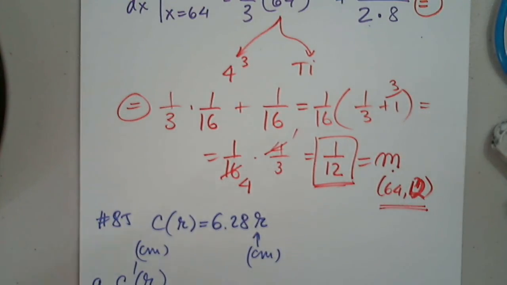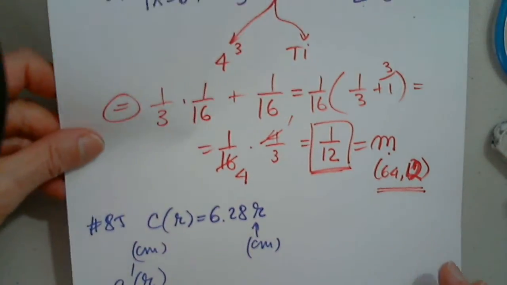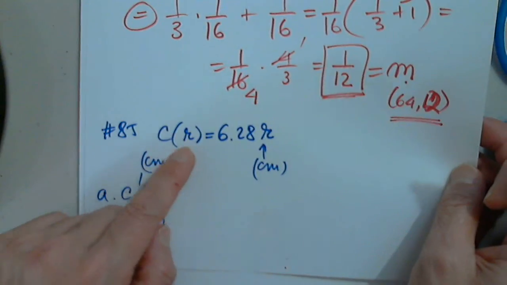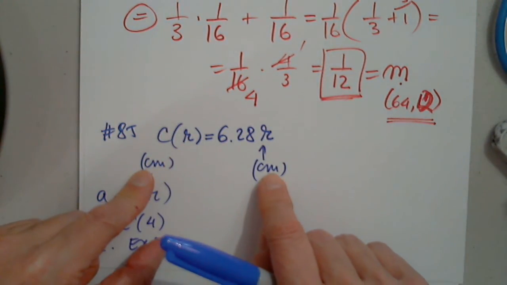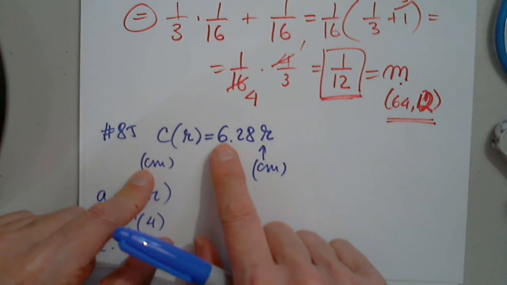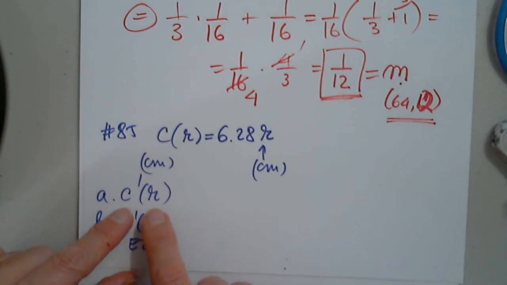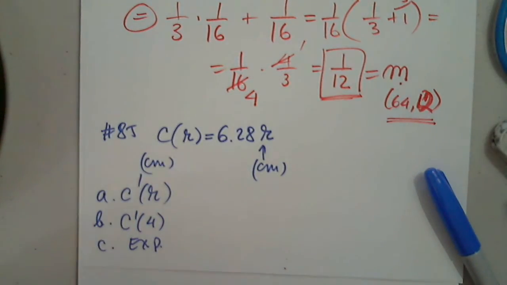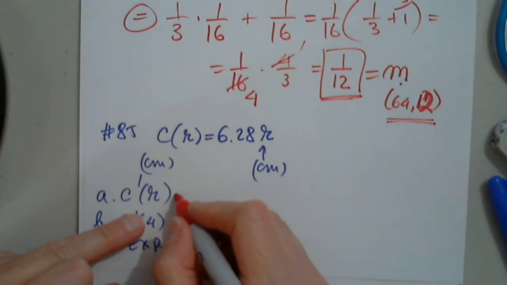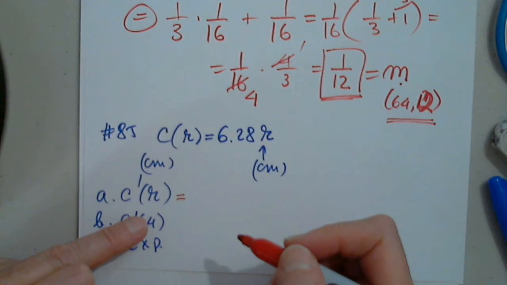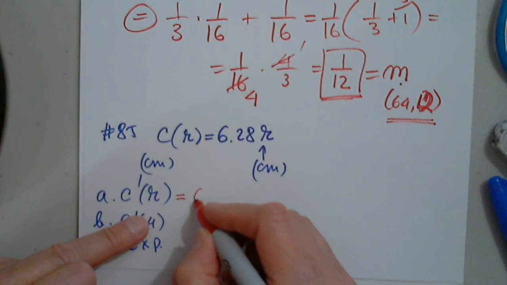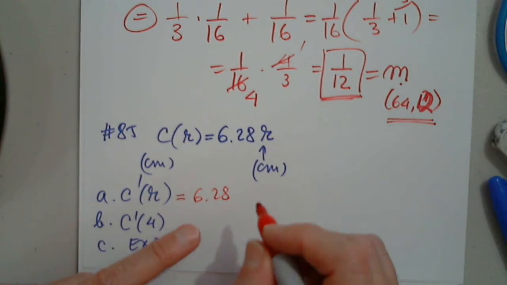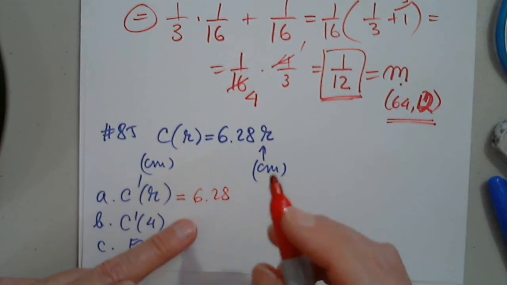Okay, so here's the problem. We are given the circumference function of the radius. They are both in centimeters. It's a constant times R. Can anyone give us C prime of R? 6.28. That's it. Measurement unit. So, centimeters.